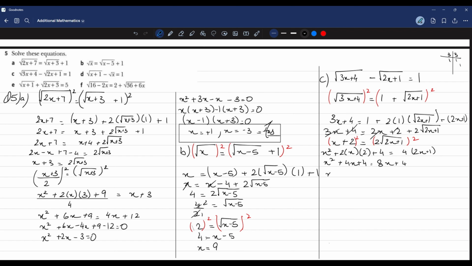Simplify this, we've got x squared plus 4x minus 8x, which is minus 4x, equal to 0. So that is simple, just take x as the common factor: x times x minus 4 is equal to 0. So x is either equal to 0 or x is equal to positive 4. And that's your answer for part C.